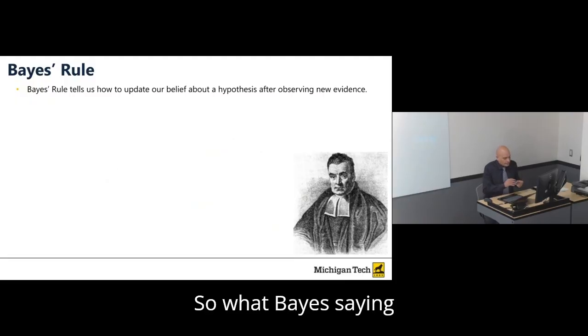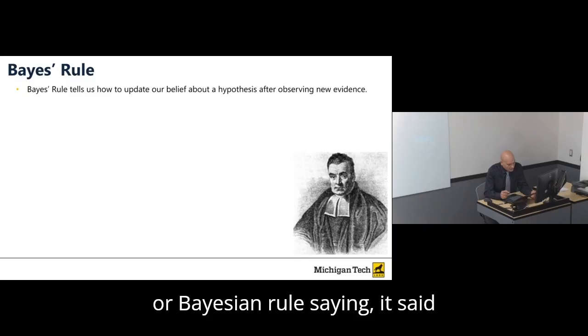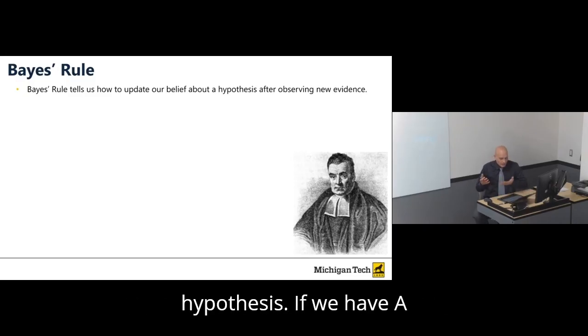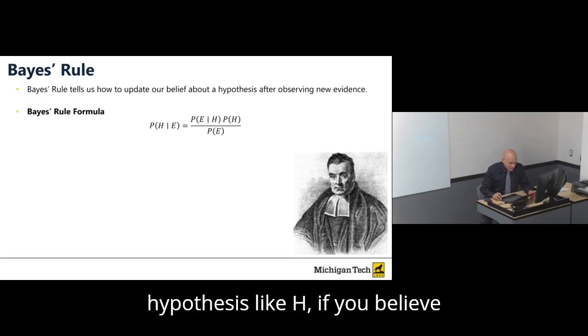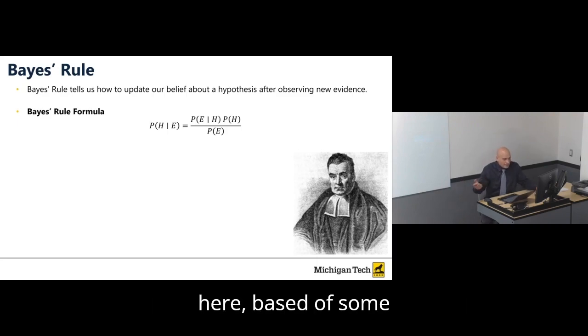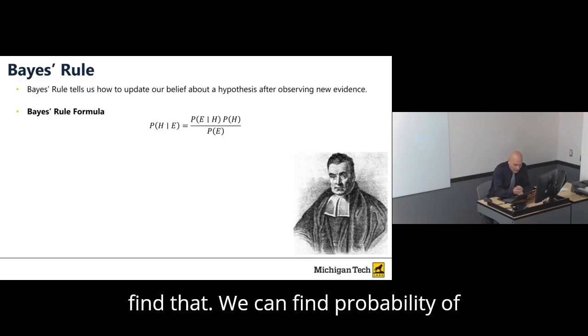What Bayes' rule says is how we can update our belief about a hypothesis. If we have a hypothesis H, like you believe the robot is here, based off some evidence E, we can find the probability of that hypothesis.